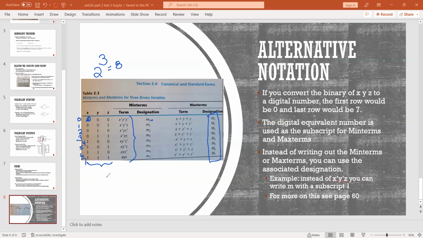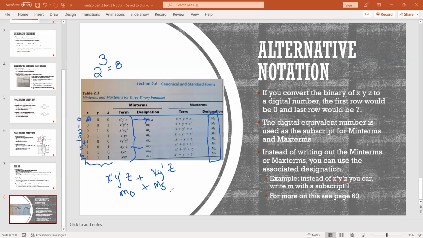So sometimes, say something was x prime, y prime, z prime, plus we'll say x, y prime, z, you would look up here and say, well, that is equivalent to m0, and this is equivalent x, y prime, z. This one is M5.